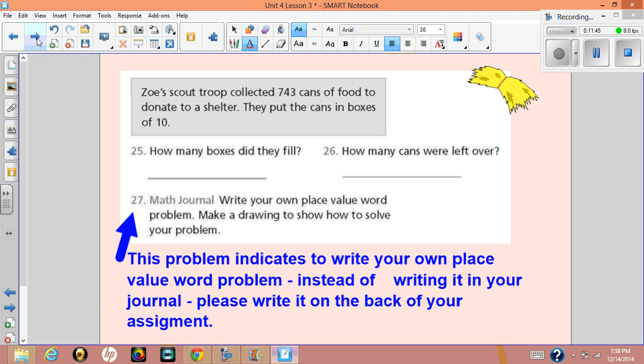In the last problem, number 27, it says, write your own place value word problem. Make a drawing to show how to solve your problem. Now this problem indicates to write it in your journal, but you are going to actually write it on the back of this assignment. So create a word problem and solve it and write it on the back of this form.